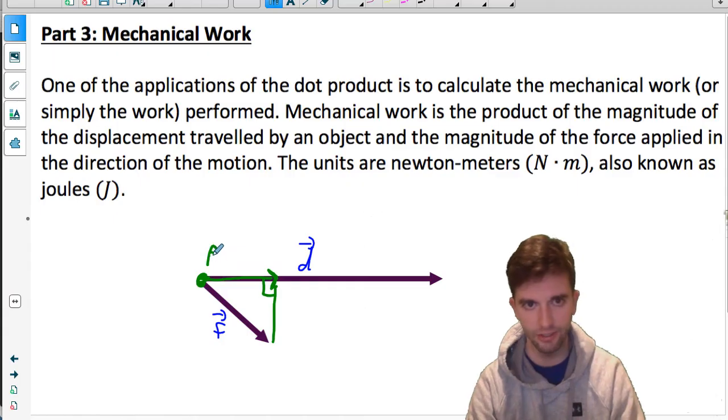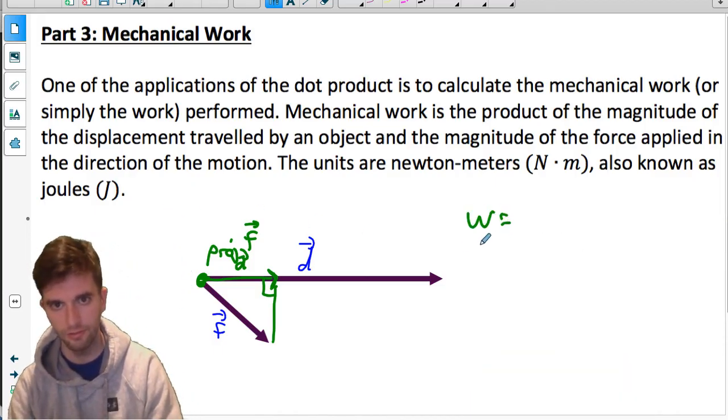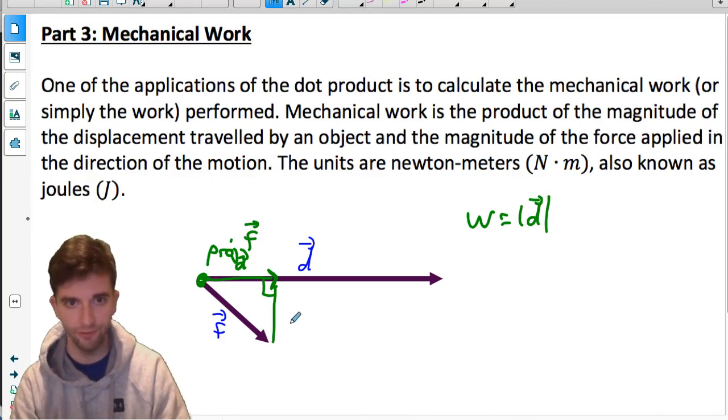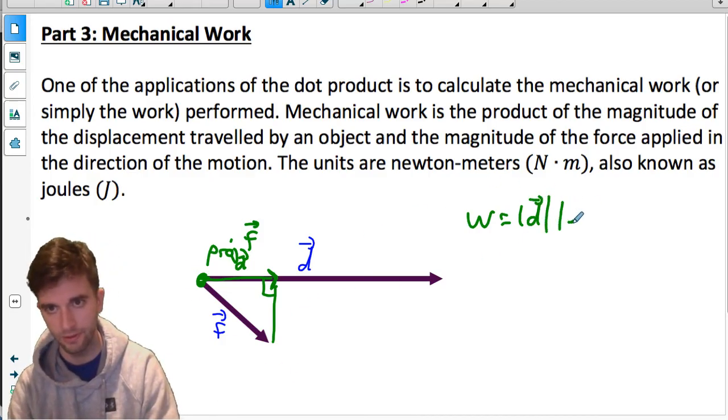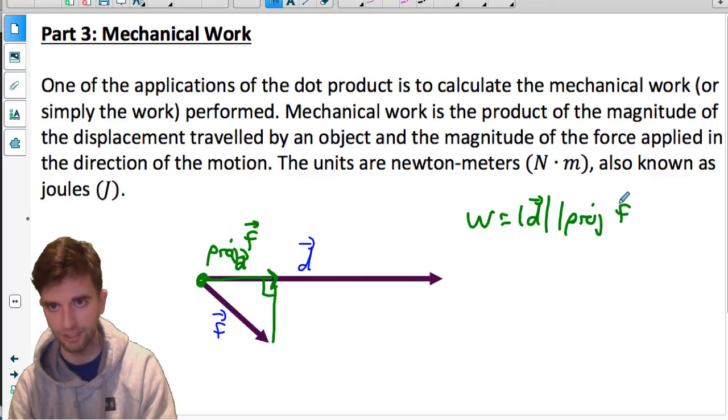So this green vector here is the projection of the force onto the displacement. So work is equal to the magnitude of the displacement times the magnitude of the force that is in the same direction as the displacement. We call that the projection of the force vector onto the displacement vector.